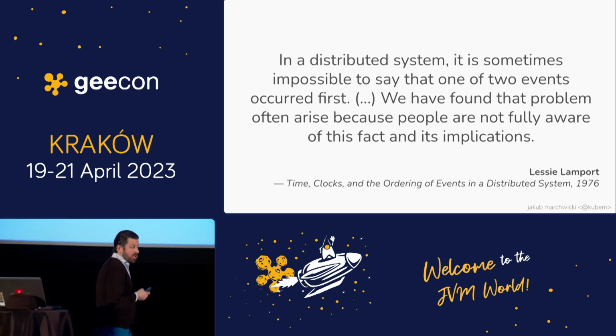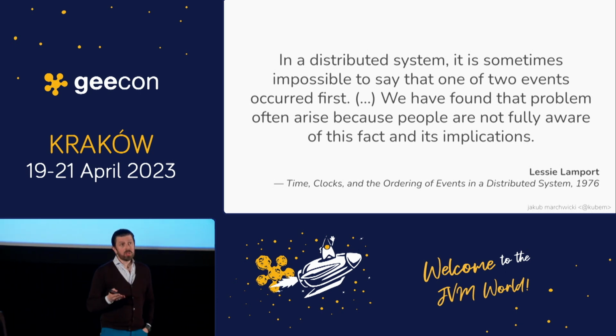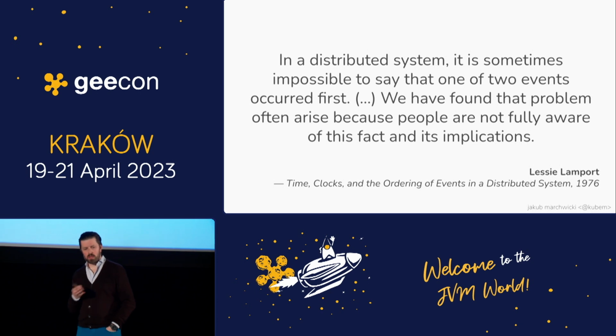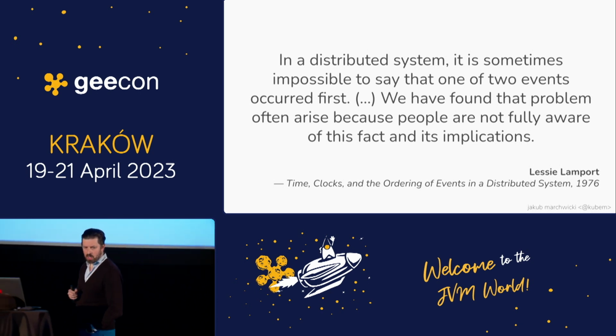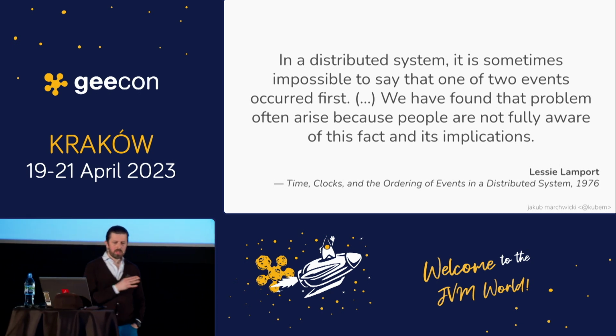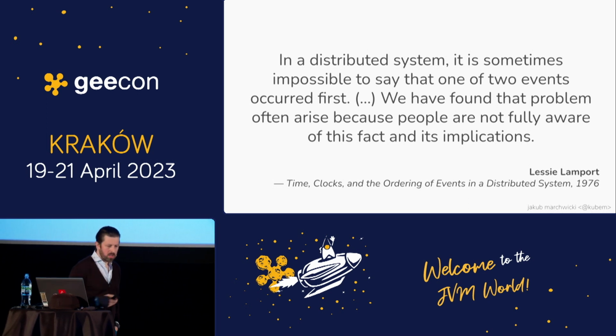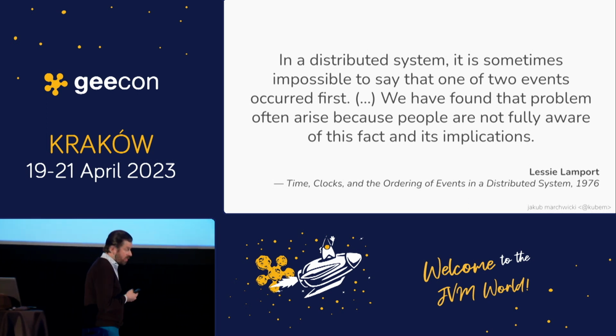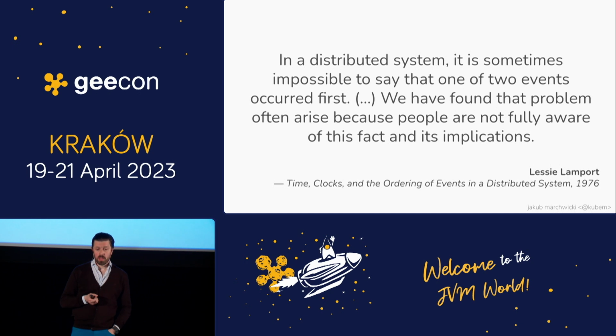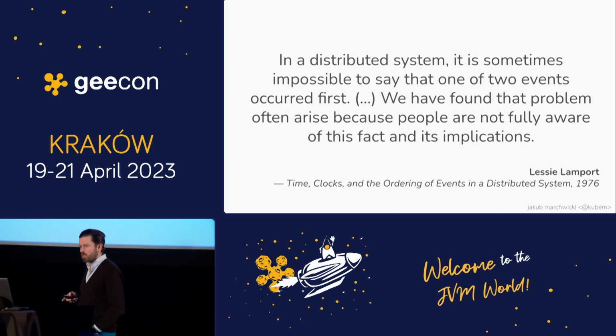Again, Leslie Lamport: in distributed systems, it's sometimes impossible to say that one of two events occurred first. We have found that the problem often arises because people are not fully aware of this fact and its implications. So can we figure out which came first?